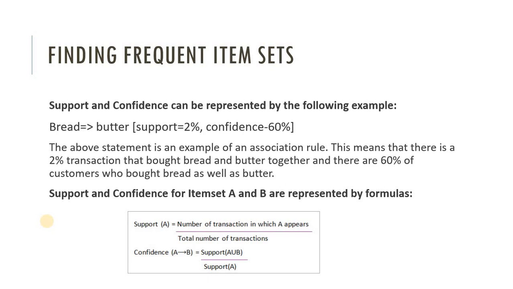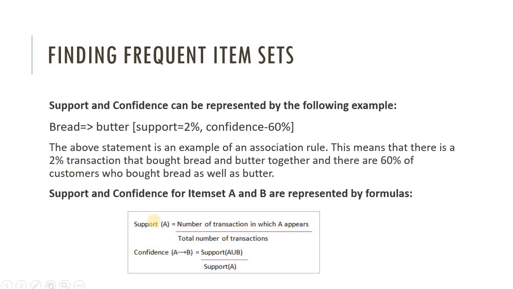Now let's understand what support and confidence are. Support and confidence can be represented by the following example. Suppose bread implies butter. Here support equals 2% and confidence equals 60%. How can this be calculated?